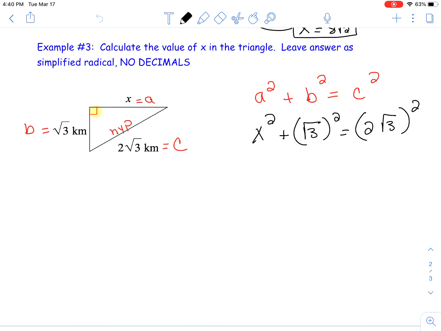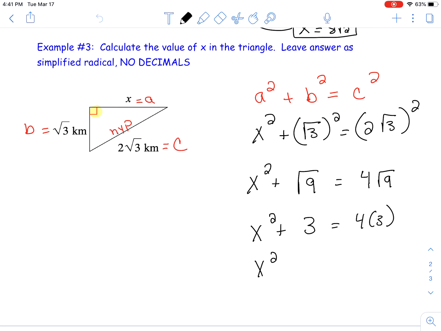I end up with, when I simplify this, this is X squared. Radical 3 squared is really radical 3 times radical 3, which gives me radical 9. 2 radical 3 squared gives me 4 radical 9. So this ends up being x squared plus 3 equals 4 times 3. X squared plus 3 equals 12.